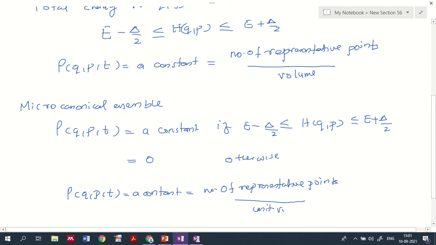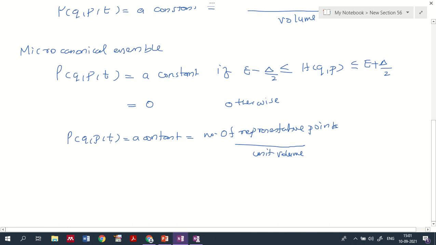And since rho(q,p,t) is a constant, the number of representative points in the dotted region will be proportional to what? Proportional to volume. When you take volume to the left-hand side, you can say that the number of representative points is proportional to volume.